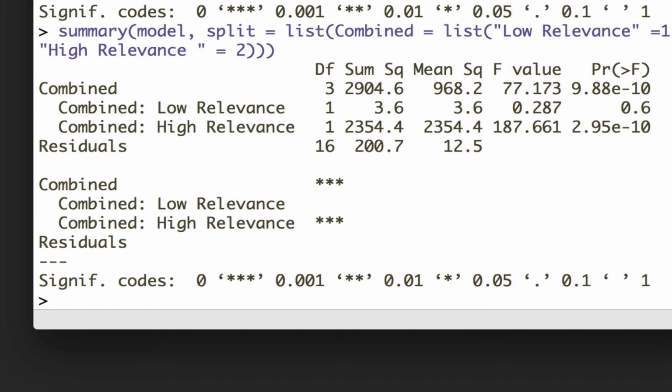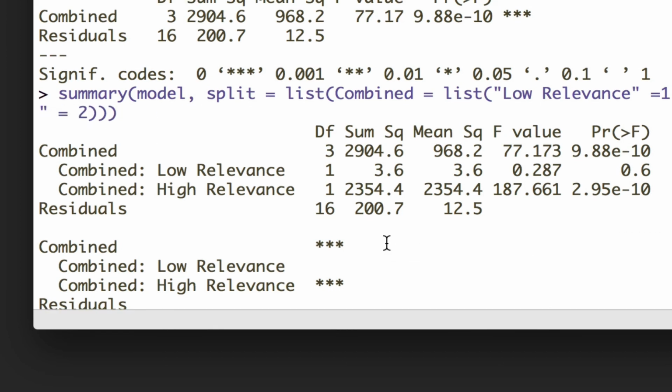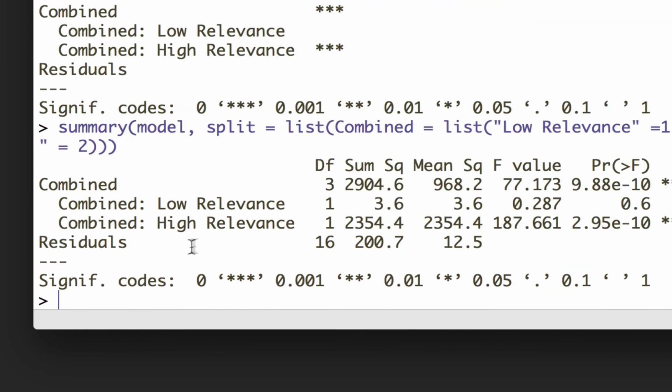If you run that, we get our separate output. It's come out slightly squiffy because of the size of the window, so the significance indicators are on a slightly different line. But if we run it again, now that the window's a bit wider, we get a more easy to understand output, and this basically tells us that what we expected for the low relevance condition, whether you've got a happy or a sad message, doesn't make a significant difference to your level of positive affect.